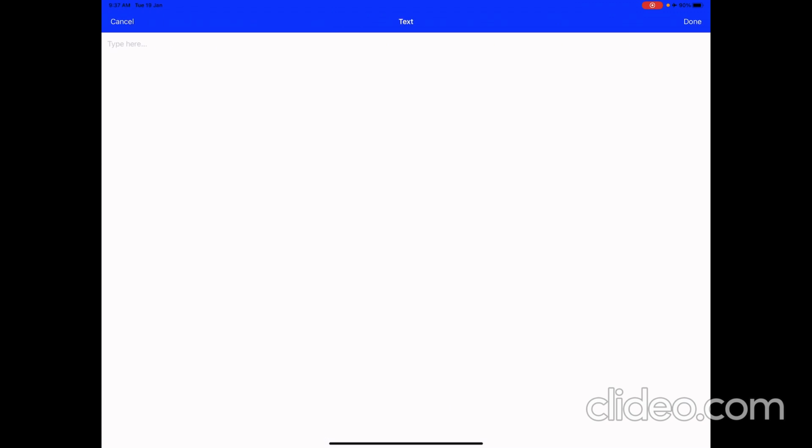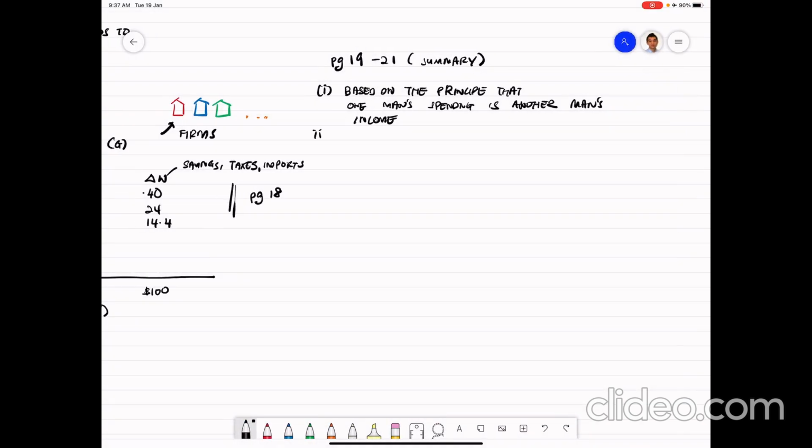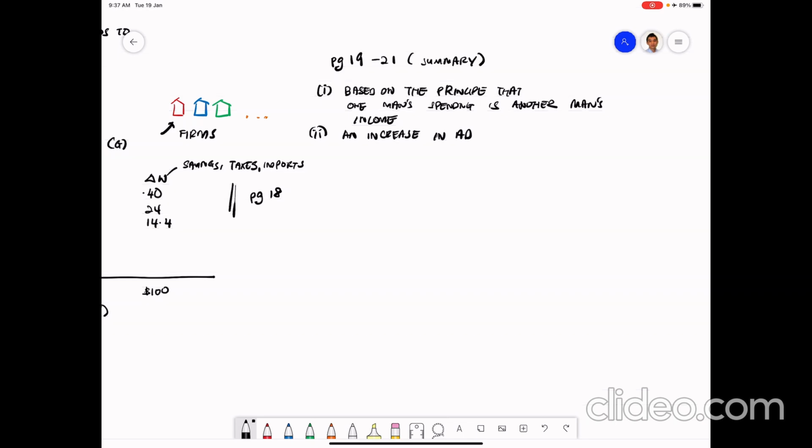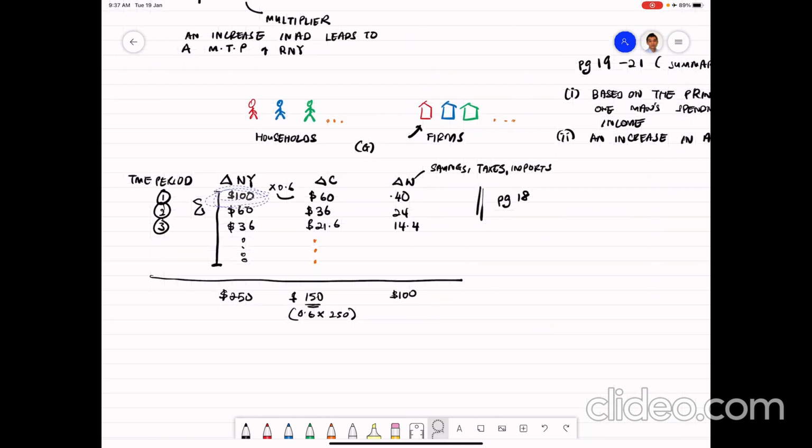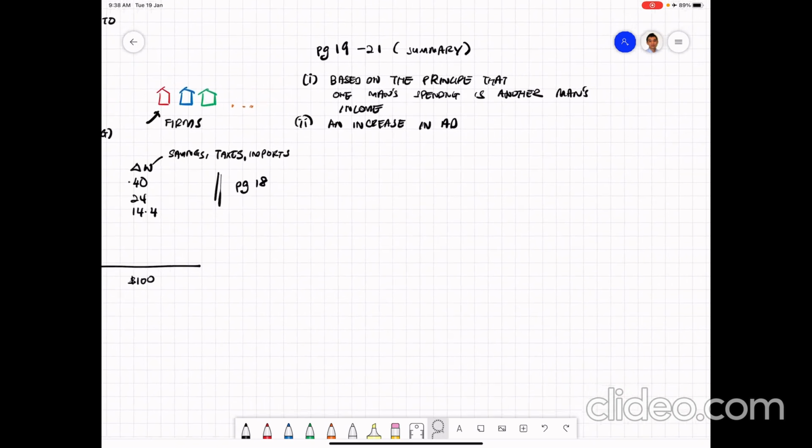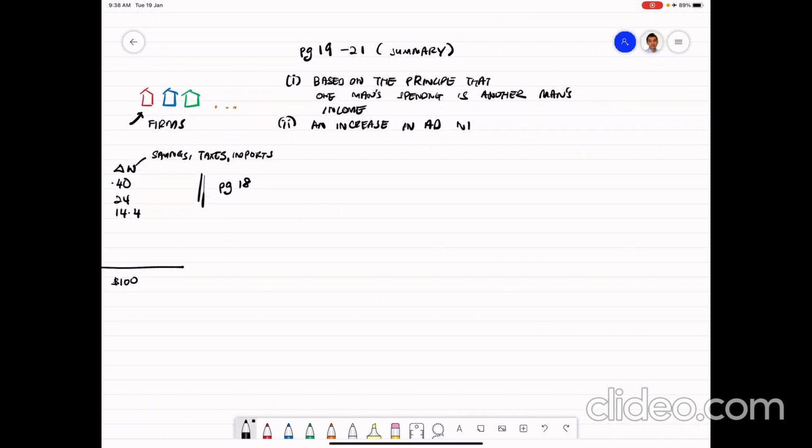Okay, so let's say there's an increase in AD, which for my example, I told you that it's the government that spends this $100 here. So firms will hire factors of production from households.